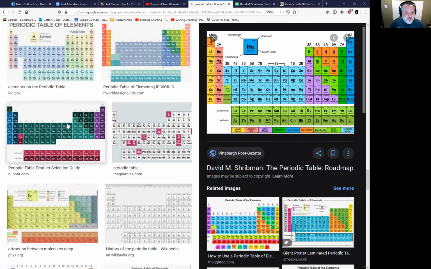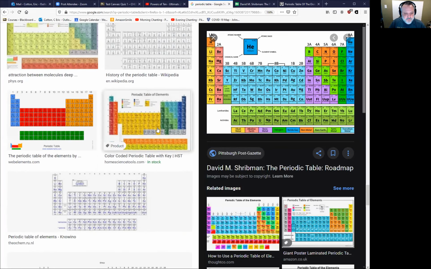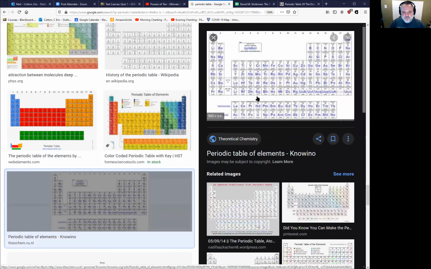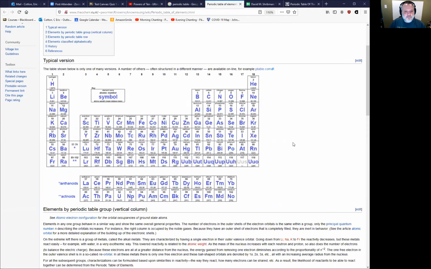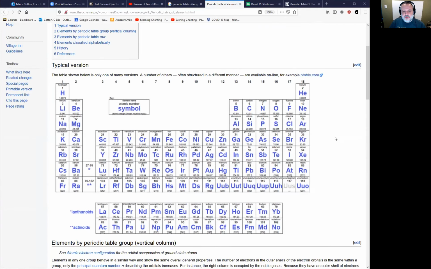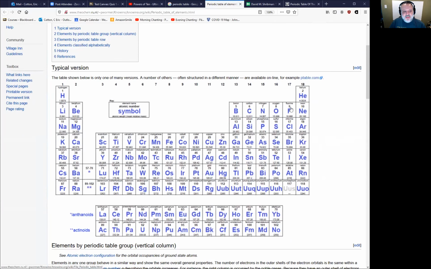It's really hard to find high resolution periodic tables. Here's one. You see there's the atomic number of fluorine, carbon, and so forth. Remember that the atomic number is the number of protons. So carbon has 6, nitrogen has 7, oxygen 8, fluorine 9, etc.